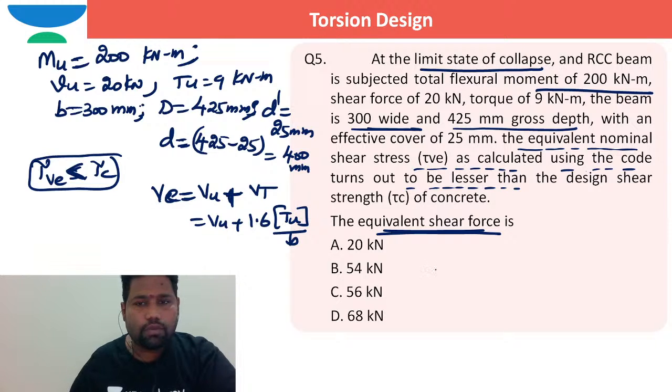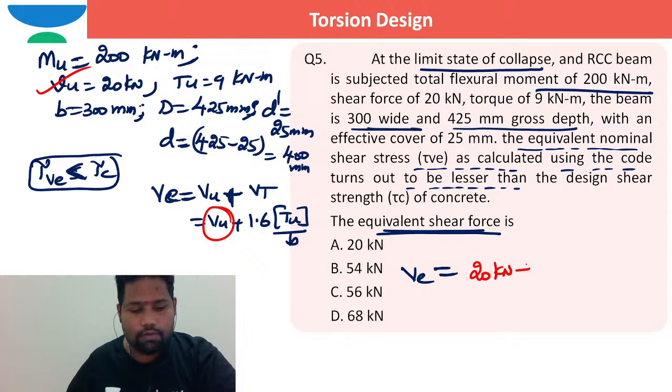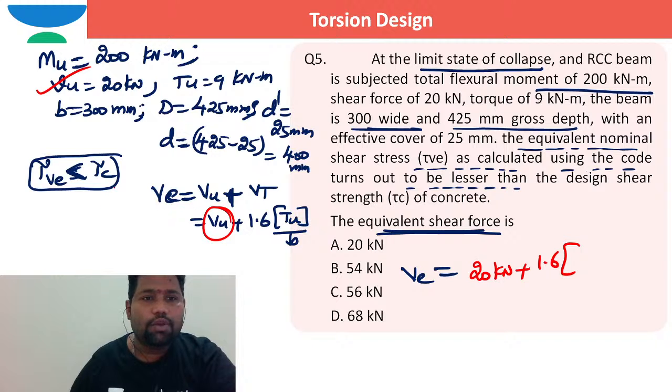Now, how can I write this Ve, brother? Ve is equal to Vu. The value of this Vu is 20 kilonewton. I can write 20 kilonewton plus 1.6 times Tu. Tu is 9 kilonewton meter.